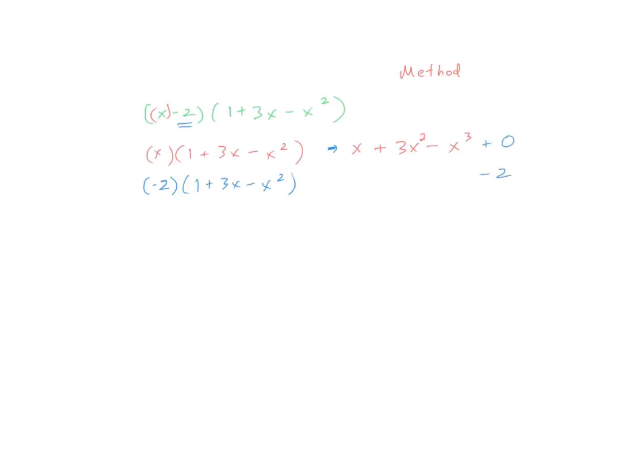This way I'm creating columns so I can keep track of my like terms. Now the negative 2 times the 3x gives me a negative 6x. That matches up here with my other x to the first exponent. And then I have negative 2 times the negative x squared, which ends up being a positive 2x squared.